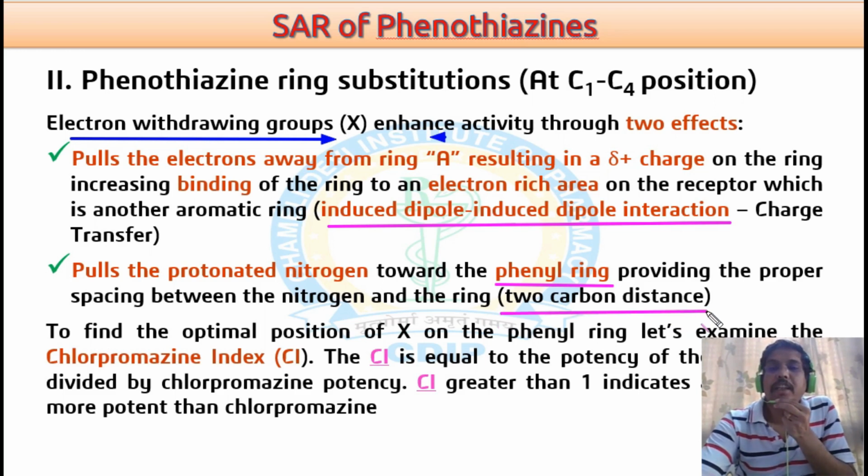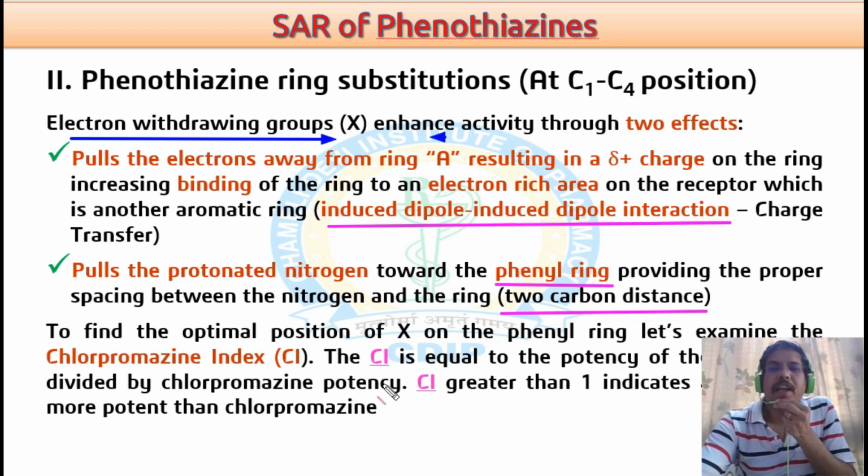And this bending of side chain is essential for the activity, otherwise if it is straight then it is having a lower activity or deviates from the activity.